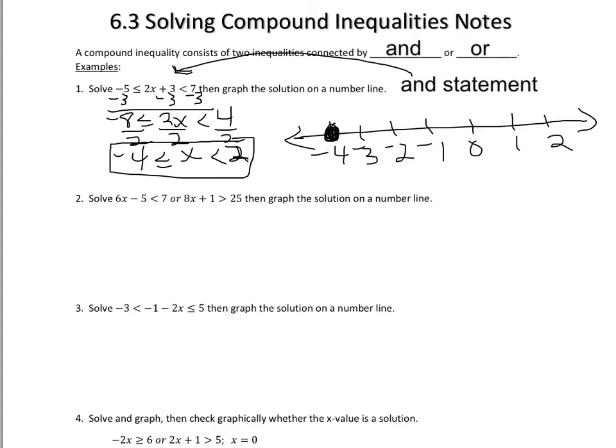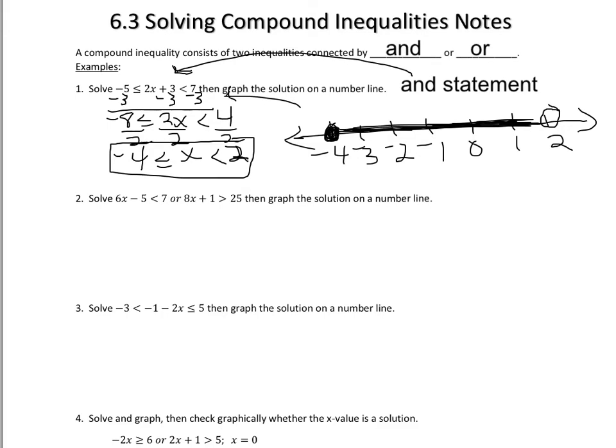And x is less than 2, so that would be an open circle because it's just less than. And you notice x falls in between, so all these numbers in between -4 and 2 will work. So we're going to shade in between those two circles. And that shows all the numbers that would work in that original inequality.